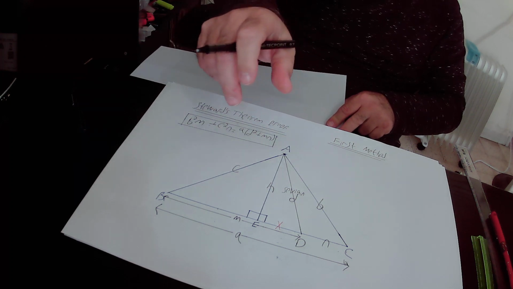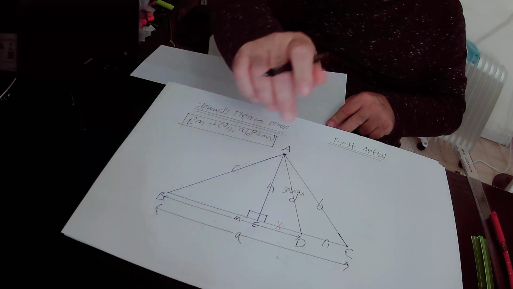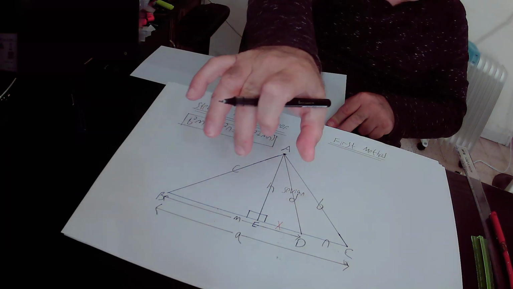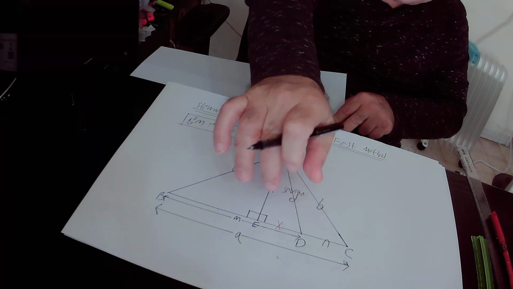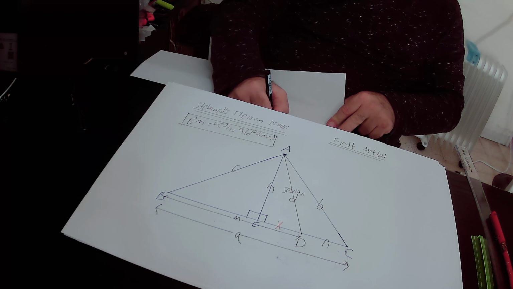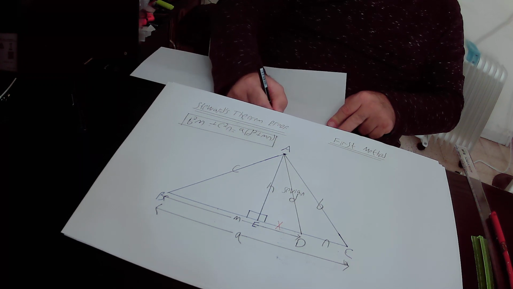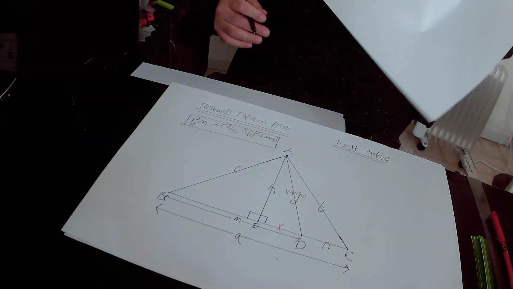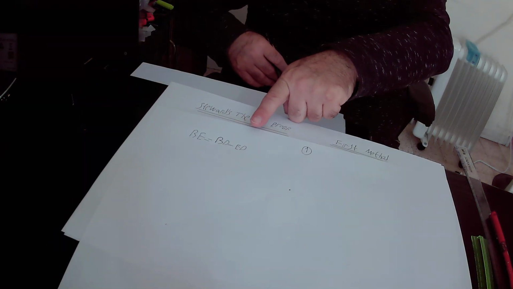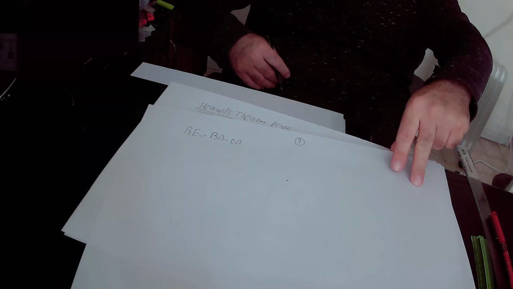The length of this line segment BE is equal to BD minus ED. Again, the length of line segment BE equals BD minus ED.